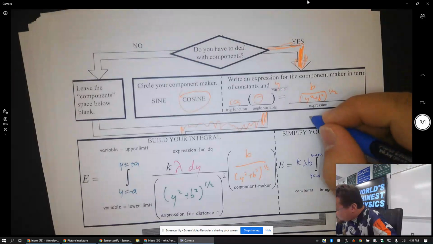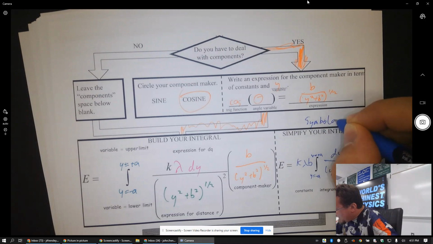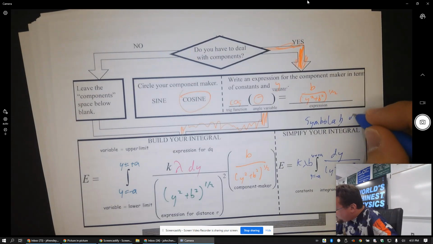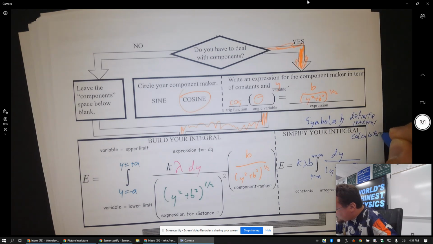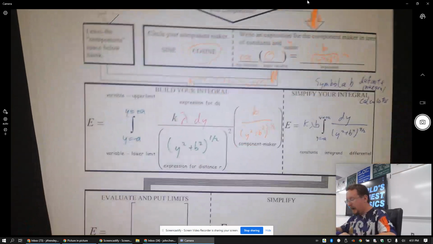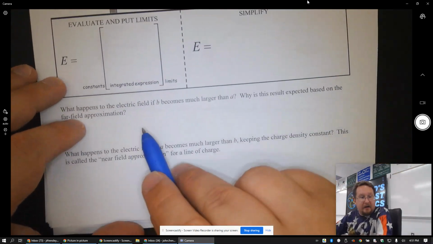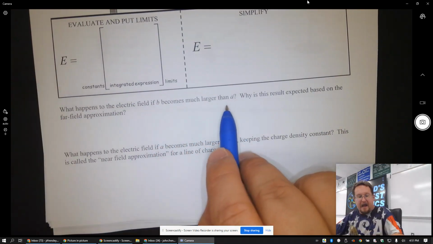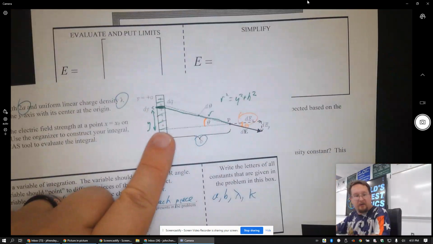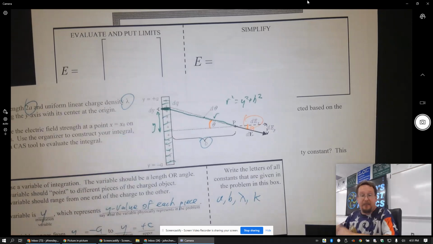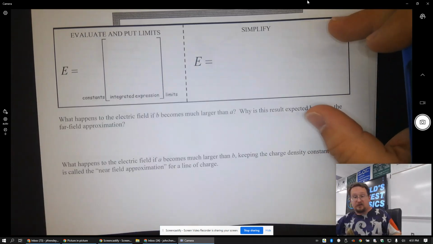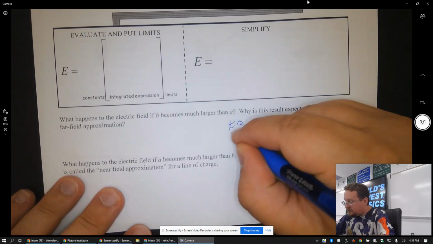The website you can go to is Symbolab, one word, and I would look up definite integral calculator, and that'll calculate it for you. I just make my students do that. And then we find out that if b is way bigger than a, in other words if you're really far away from the line, then the expression starts to look like kQ over r squared.